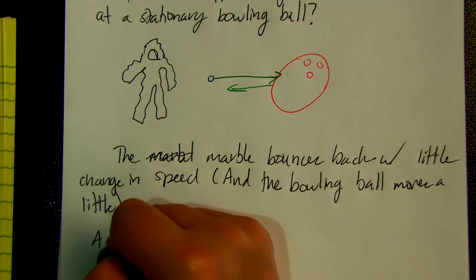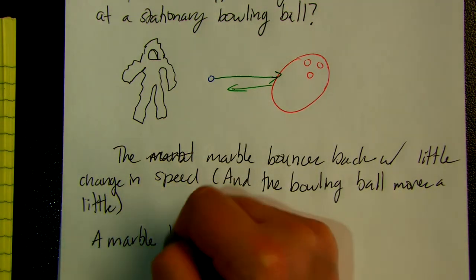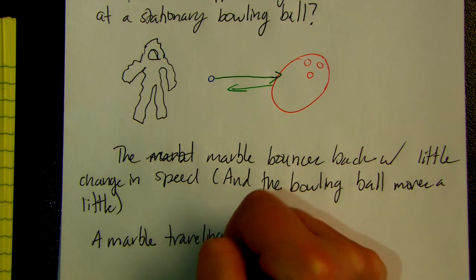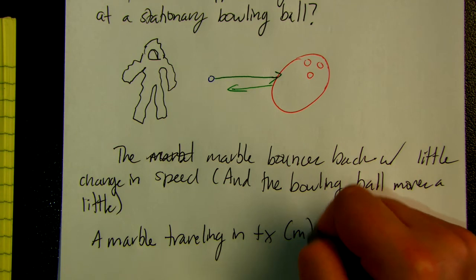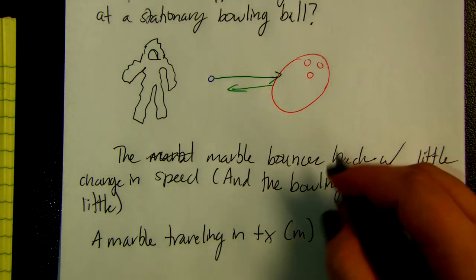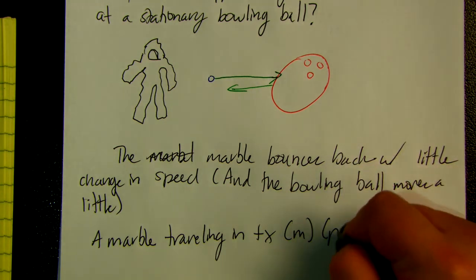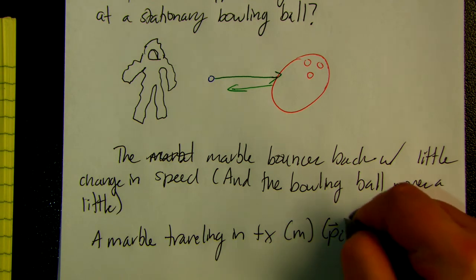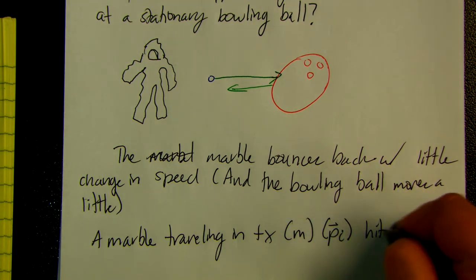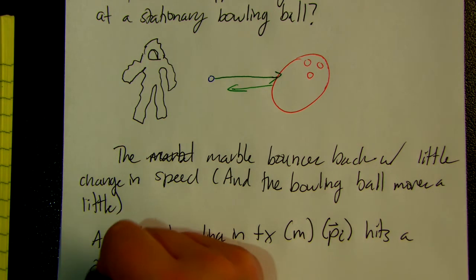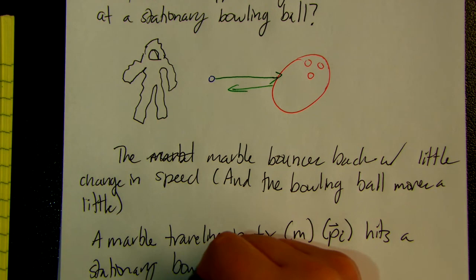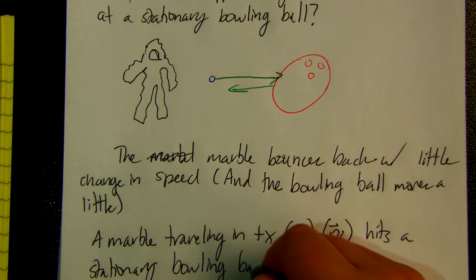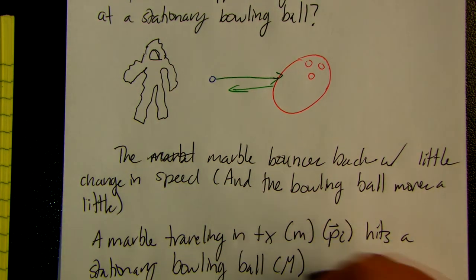So a marble traveling in positive x, it's got mass m, it'll have momentum I, hits a stationary bowling ball, mass M, head on.